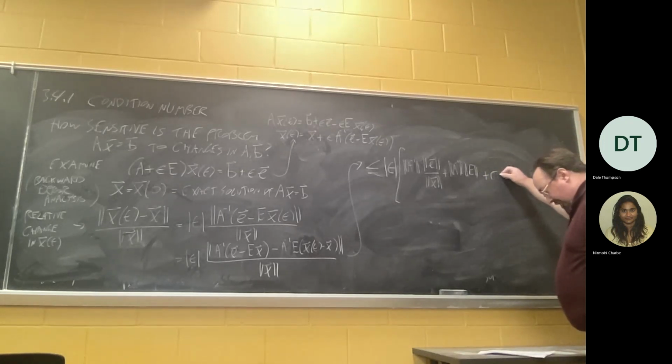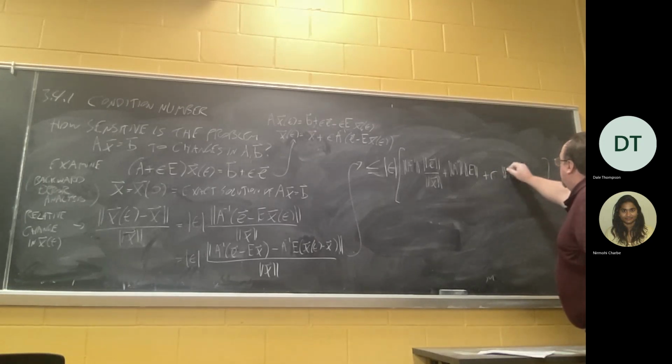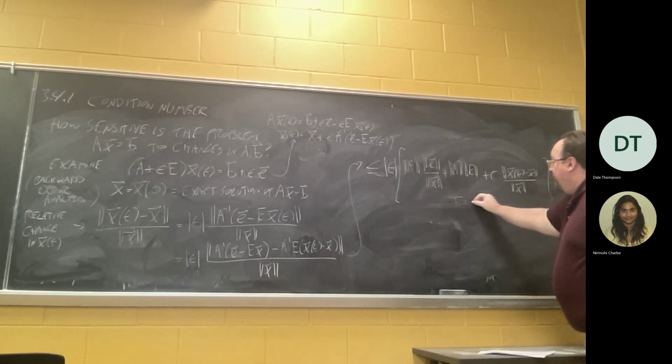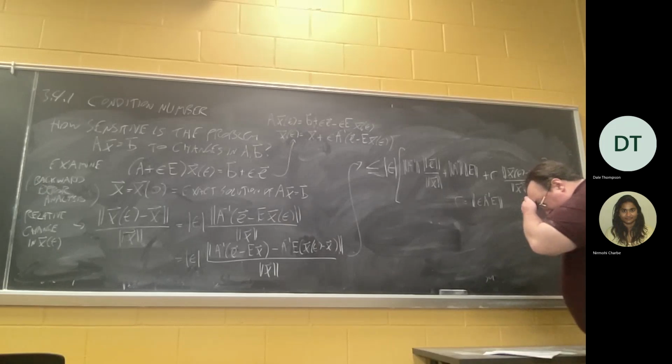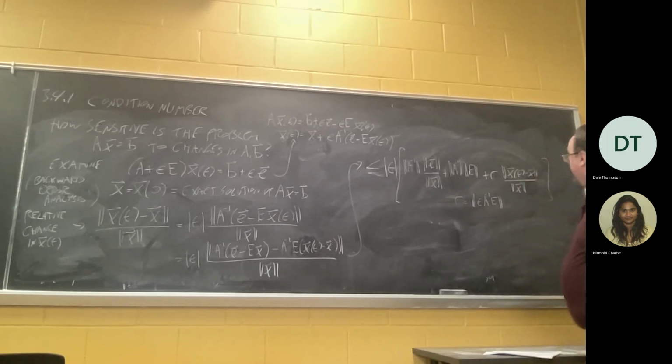And then I have R times, I'll define R in a second, X of epsilon minus X over X, where R is defined to be the norm of epsilon A inverse E. And we assume that R is less than 1.